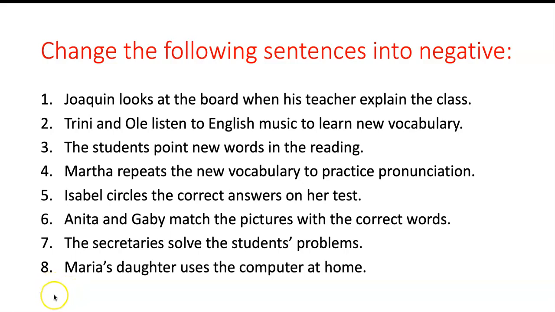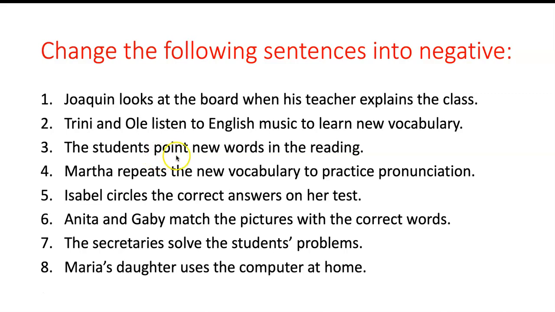So let me see if I can correct the error here. Okay, sorry about that. I corrected the mistake and I have: Joaquin looks at the board when his teacher explains the class. Trini and Ole listen to English music to learn new vocabulary.